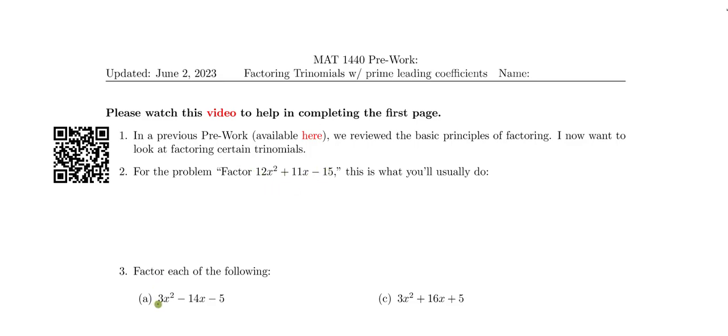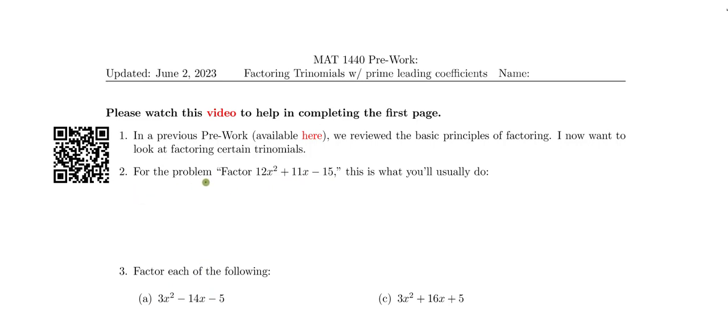So notice this has a leading coefficient of 3, whereas this has a leading coefficient of 12. And 3 is a prime number, but 12 is composite. It has lots of factored pairs. Likewise, this has a trailing coefficient of 5, whereas this has a trailing coefficient of 15, and this has more factored pairs. These are the problems that I want you to be comfortable with factoring, but to get us there, we're going to start a little bit easier.